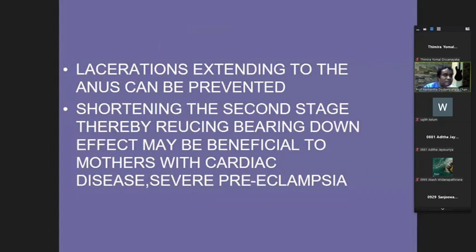Sometimes the laceration can extend to the anus and surrounding structures, which can lead to increased bleeding. Episiotomy also shortens the second stage by reducing the bearing down effort, which may be beneficial for mothers with impaired cardiac output, respiratory disease, or very high blood pressure, where straining should be minimized.